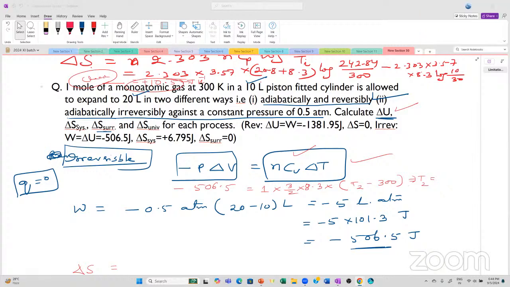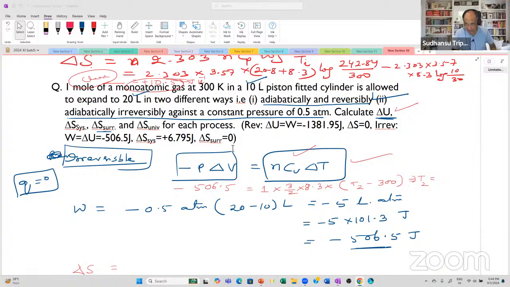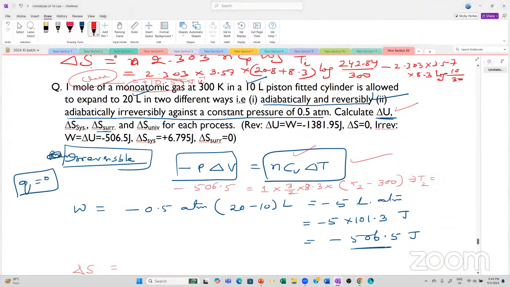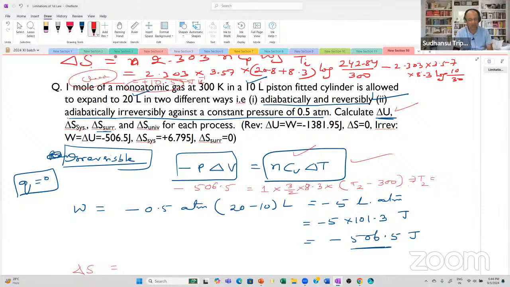So, sir, 259.31. Yes, Omkar, what are you saying? Sir, in the reversible when I used V1 gamma minus 1, I only got 189 Kelvin. No, no, no, no, no. That is reversible. I am not talking of reversible. I'm talking of irreversible.